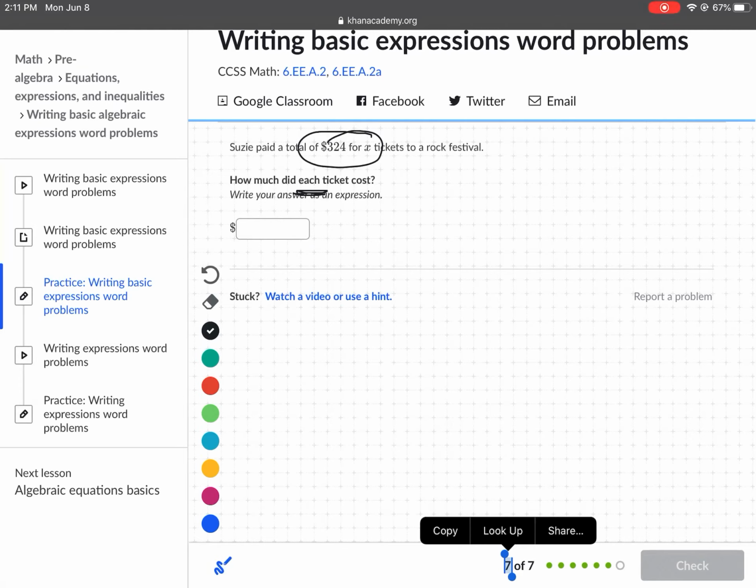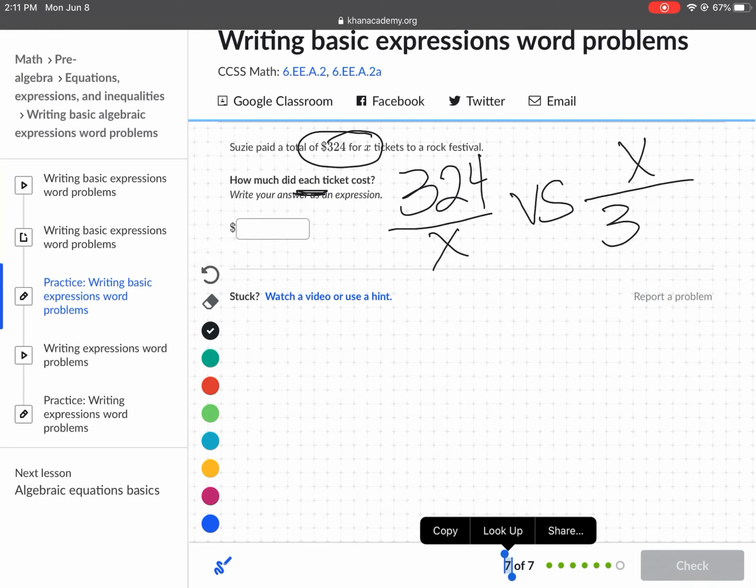So I just want to let you guys know that there is a difference between these two things. Okay, this one I'm taking the total and I'm breaking it up by number of tickets. And then here I'm taking an unknown number of tickets and I'm breaking that up into 324 pieces.